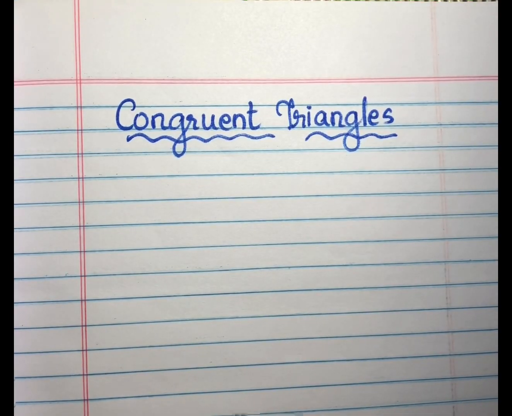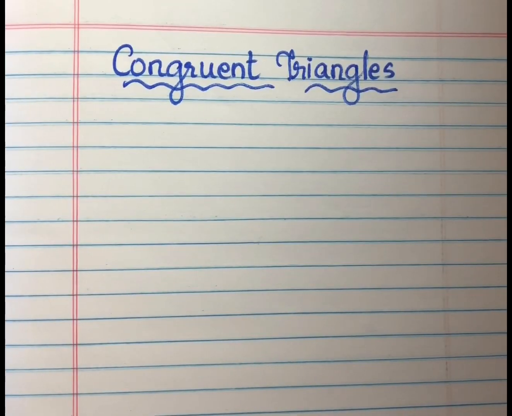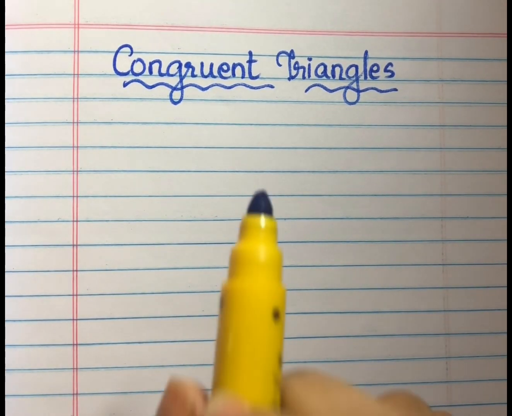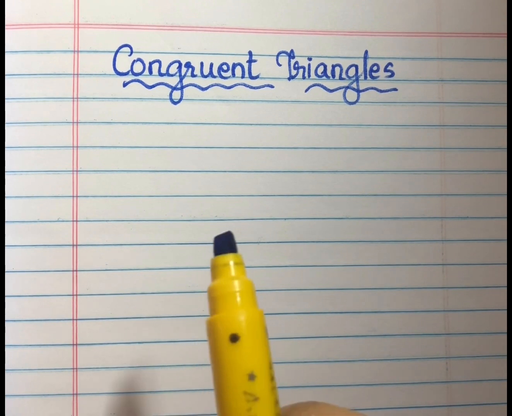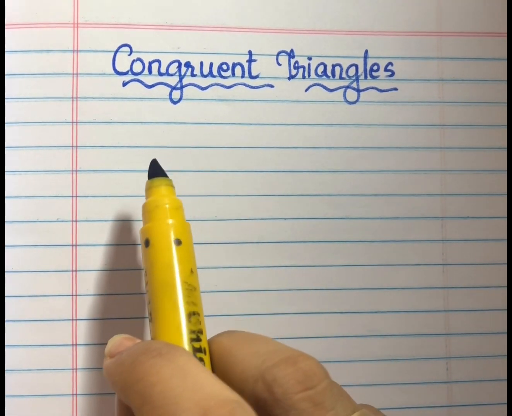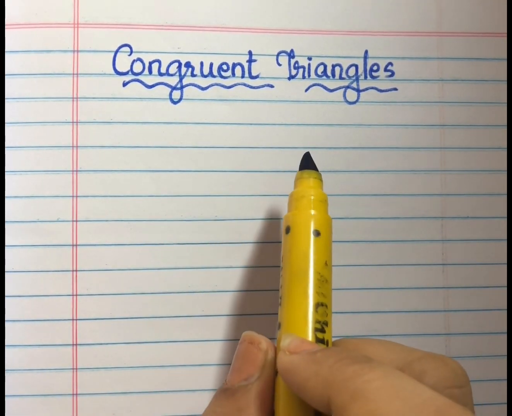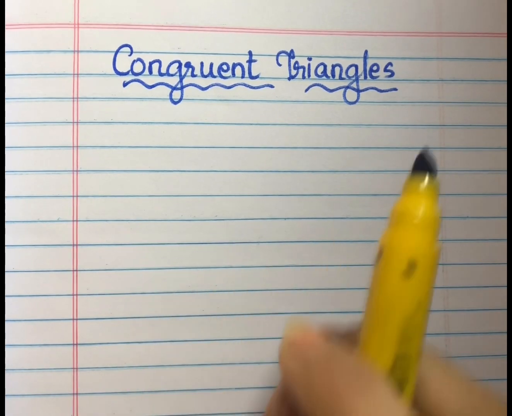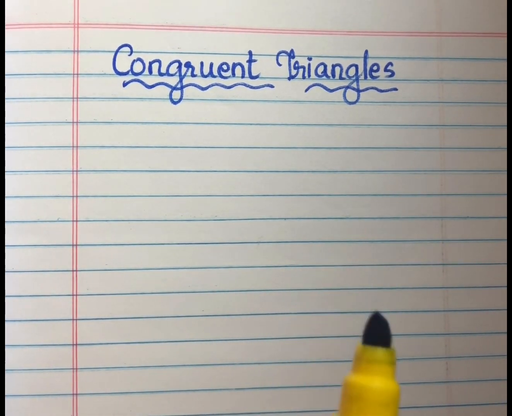Before discussing congruent triangles, we will study why we need to study congruence. Whenever there is a need of producing identical objects of the same shape and size, then we use the concept of congruence. That is to make the cast of the object.